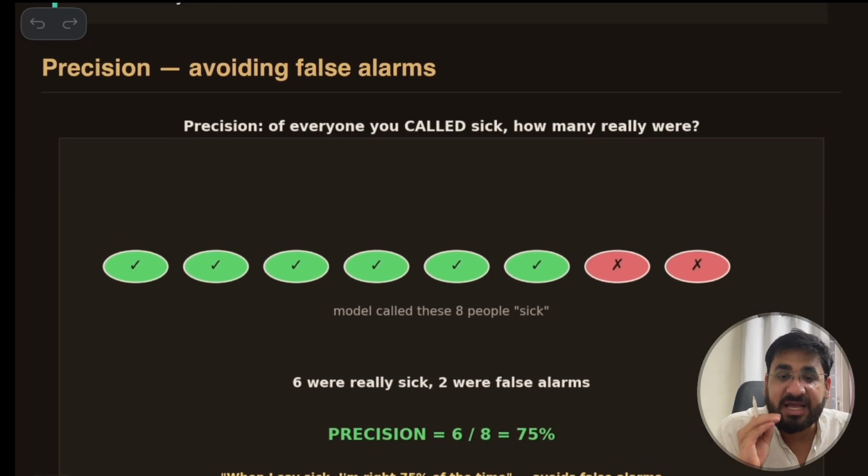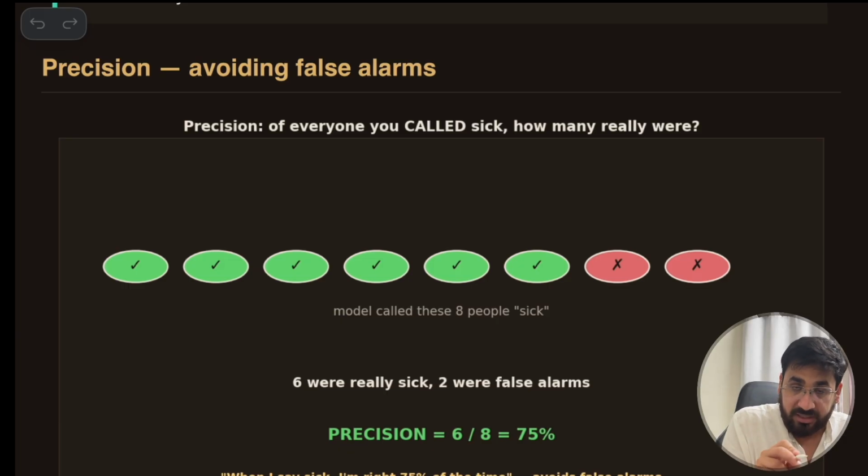How precise you are. You called 8 people, and out of them you falsely brought 2 people who are healthy but you called them sick. Then you are incorrect with 2 people.